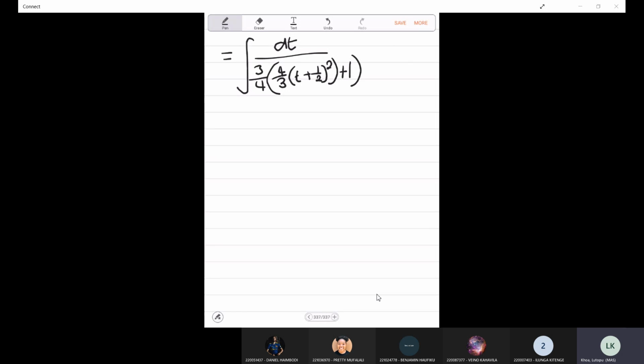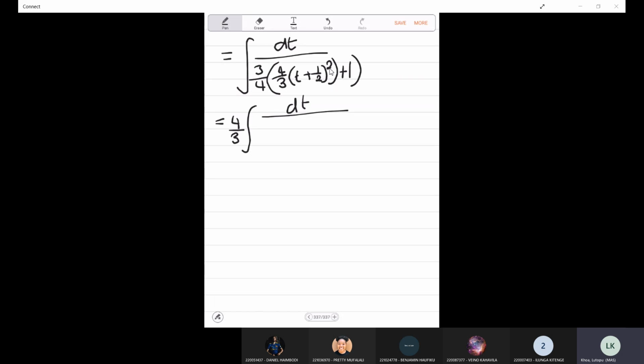Okay, then this 3 over 4 is in the denominator, so when we take it out and write it here, because it's in the denominator, it's 1 divided by 3 over 4, which is just 4 over 3. So on the outside we have 4 over 3, the integral of dt over, then this 4 over 3, we always want to include it so that it is part of the squared here.